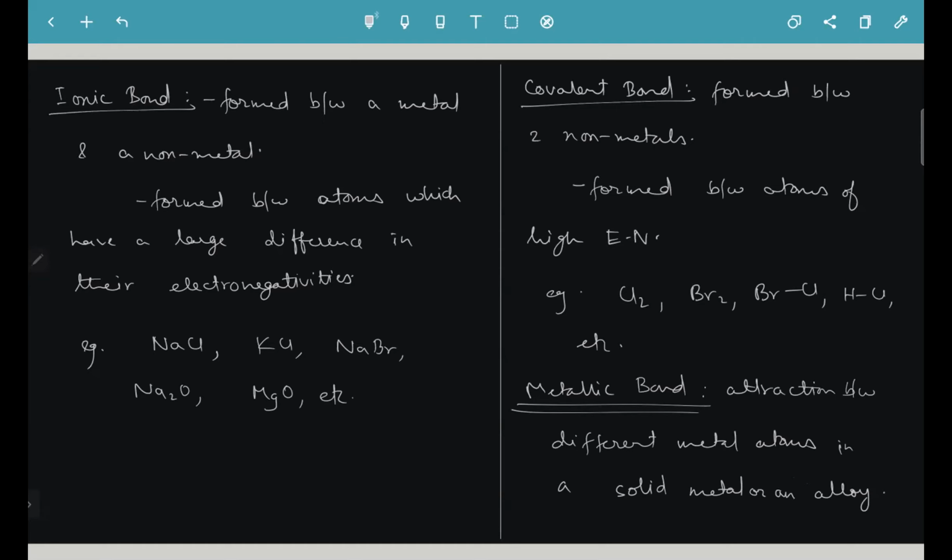Two atoms of high electronegativity will result in formation of a covalent bond.